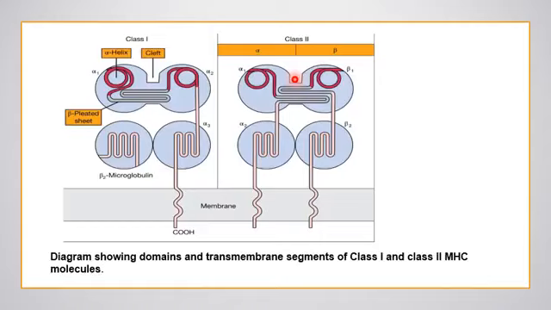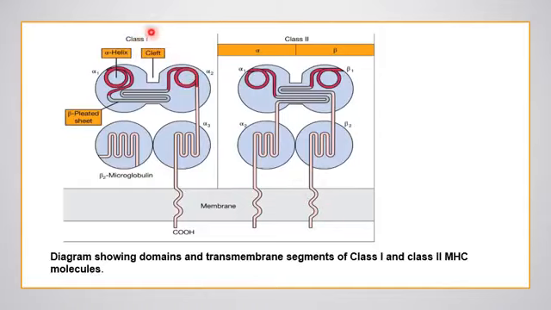Okay, so if I want to compare between the MSC class 1 and the MSC class 2, let's start. This is the MSC class 1 and MSC class 2. MSC class 1 is expressed on all nucleated cells. MSC class 2 is expressed on the professional antigen presenting cells such as dendritic cells, macrophages, and the B cells.